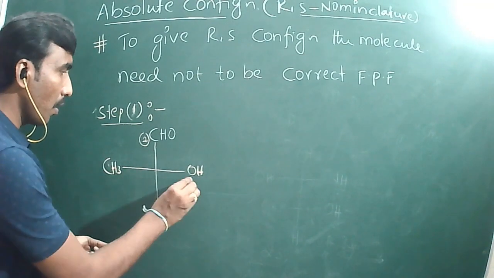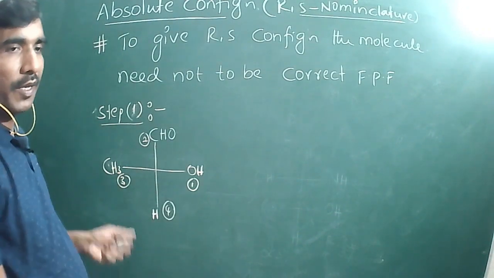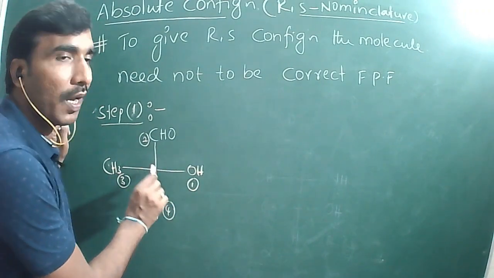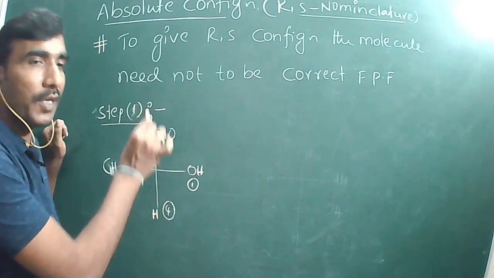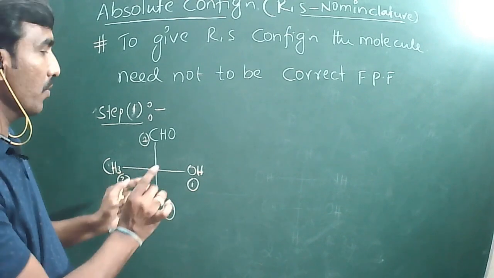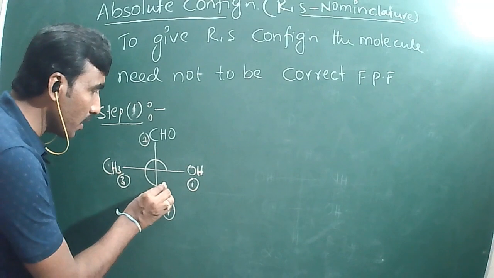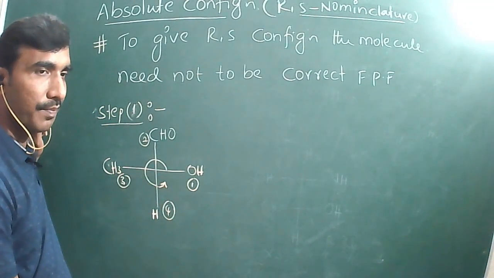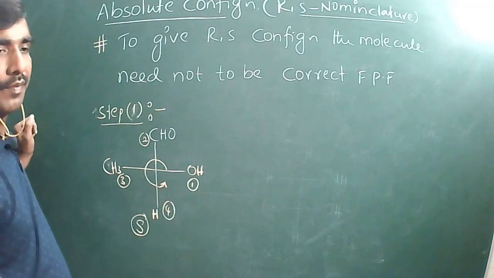After giving the priority order for the 4 groups on the chiral center, check whether the least priority group is on the vertical line or not. If it is on the vertical line, you can directly give the nomenclature. Is our vision rotating clockwise or anti-clockwise? Anti-clockwise, then it should be S.